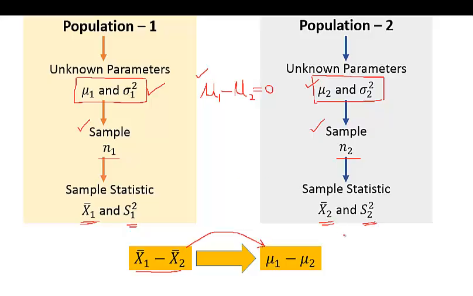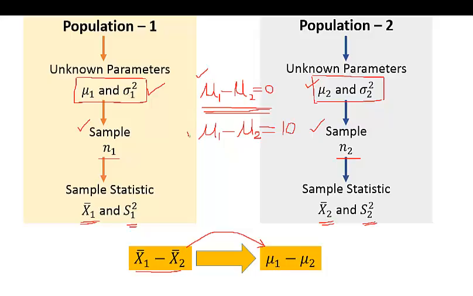This screen is showing you some of the terminologies which will be used later in this video. So you have to keep in mind that there are two populations, and we are going to draw inference about the difference of the means from the two populations, that is mu1 minus mu2. If we are interested in testing mu1 minus mu2 equals 0, or mu1 equals mu2, similarly we may be interested in testing something like mu1 minus mu2 is equal to, for example, 10.